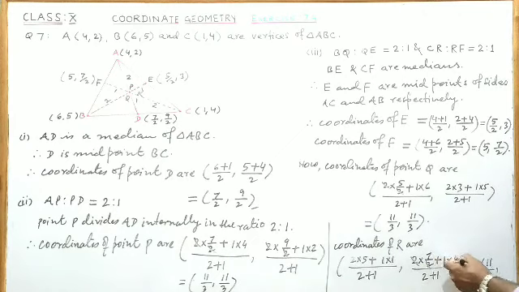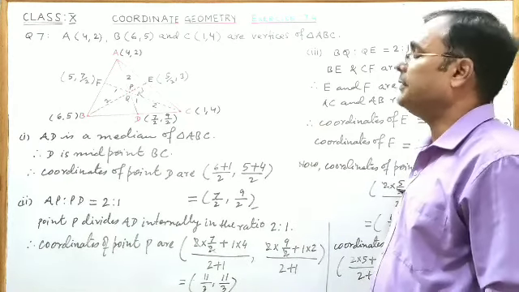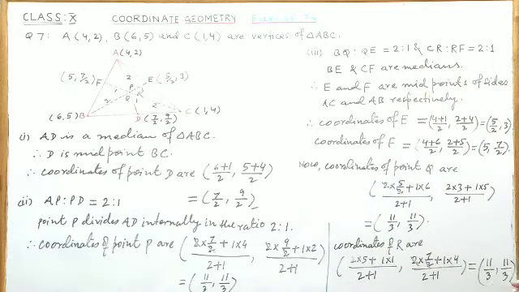Here 2 cancel, 7 plus 4 is 11 by 3. So the coordinates of point R dividing median CF in the ratio 2:1 are also 11 by 3 and 11 by 3.